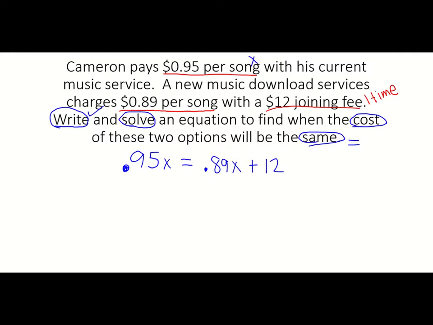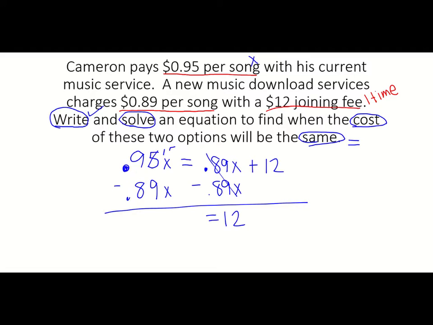So, get the variables on the same side. Let's subtract 89 cents. So, on the right, I'm going to have 12. Over here, I'm going to have 0.06x.